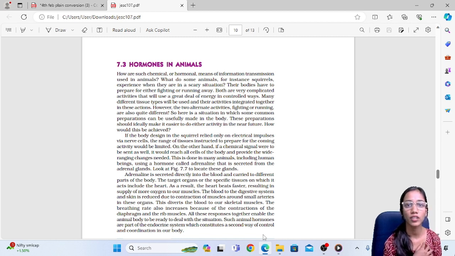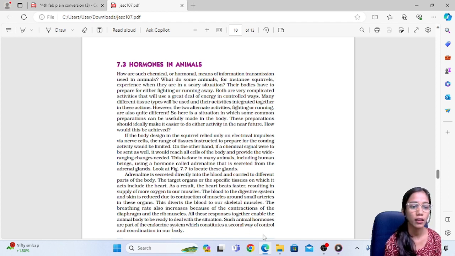So why are these changes occurring in our body? These changes occur because of the hormone adrenaline, which is released into the blood. Our heart beats faster because it has to supply more and more oxygen to our muscles. These muscles have to gain energy and move faster.